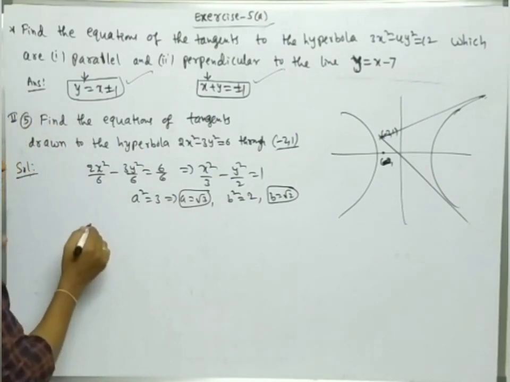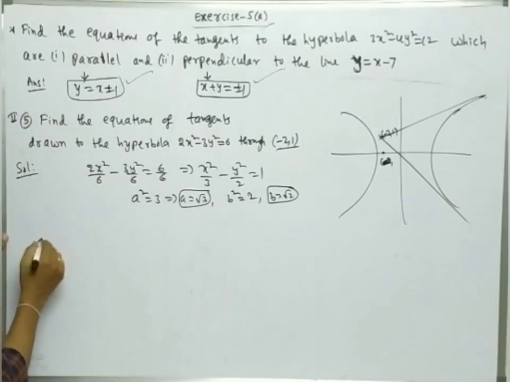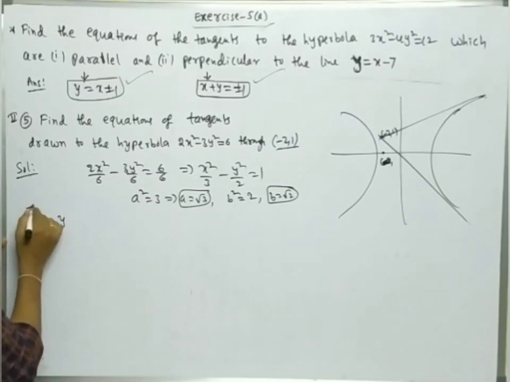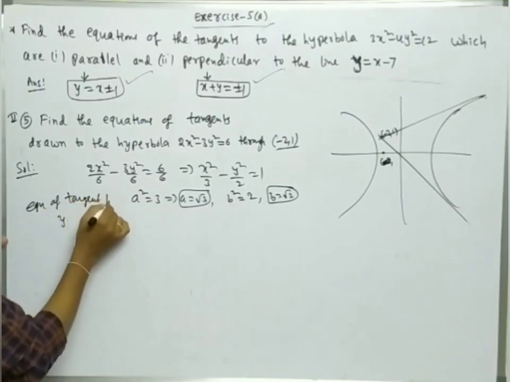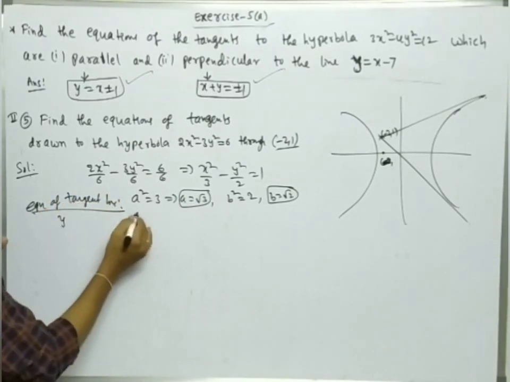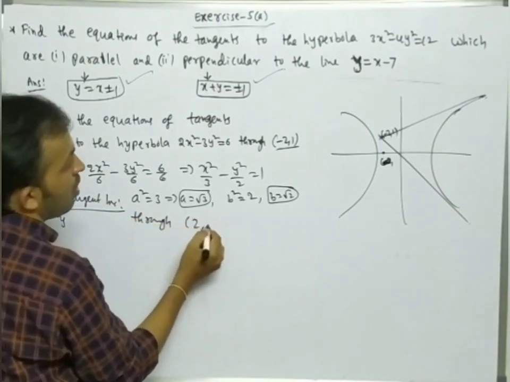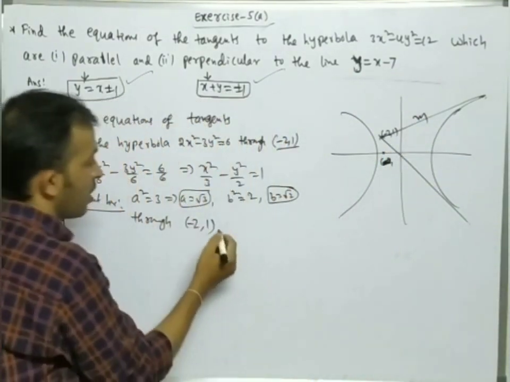Now the discussion is about the tangent line. We should find the tangent line equation, right? So for that, what is the equation of the tangent line through the point minus 2 comma 1? Let us assume that the slope of the tangent is m.